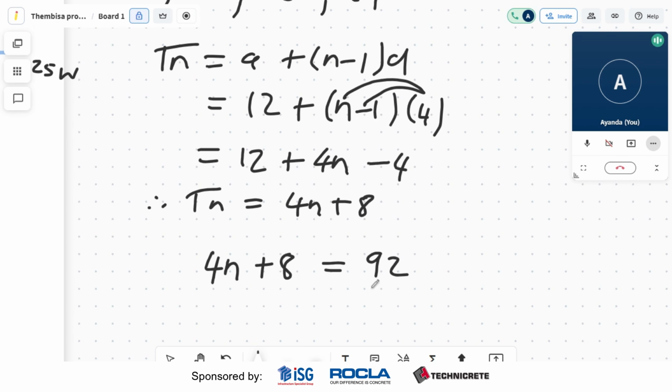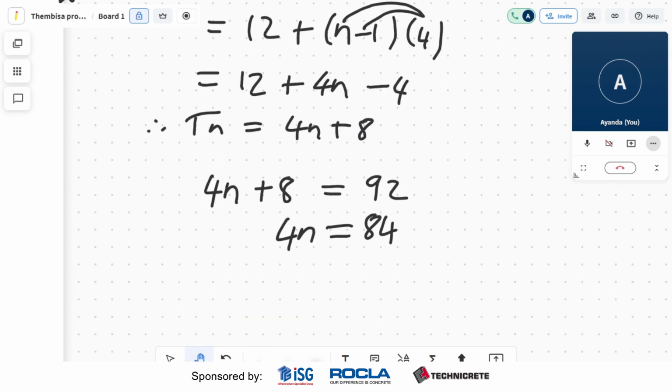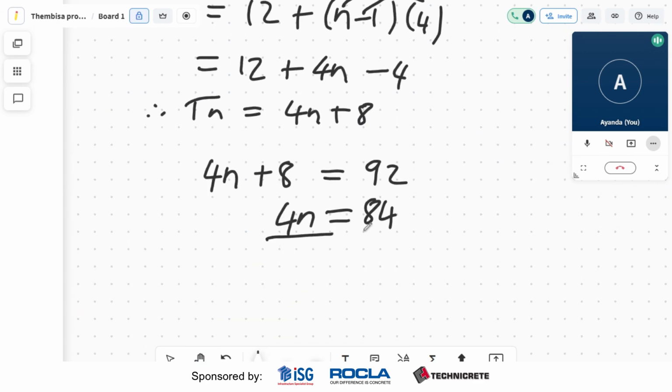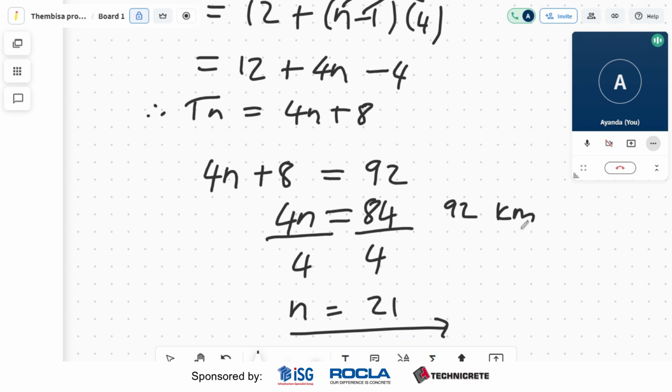If we subtract 8 on both sides, we're left with 4n is equal to 84. If we divide both sides by 4, we're left with n is equal to 21. So 92 kilometers needs to be run in the 21st week.